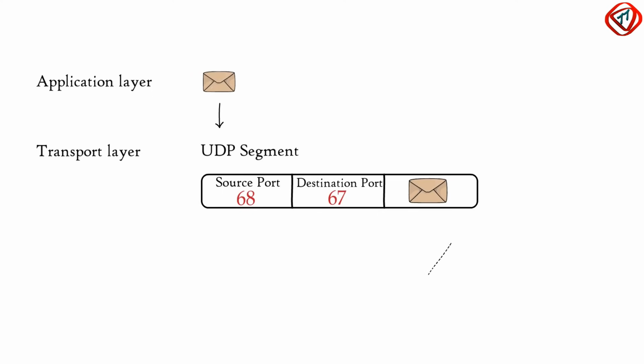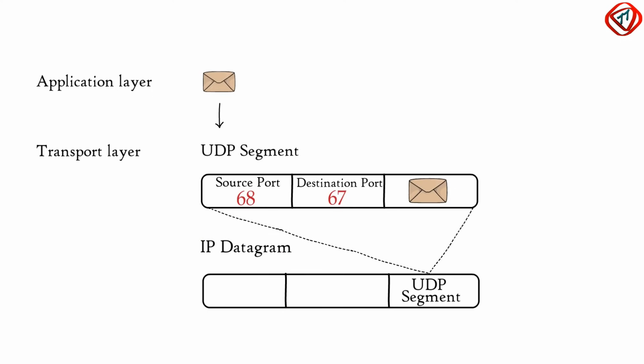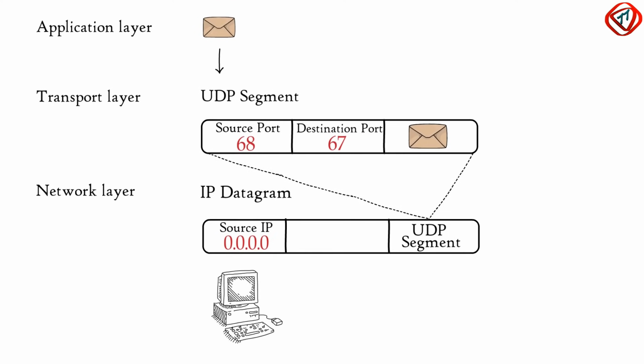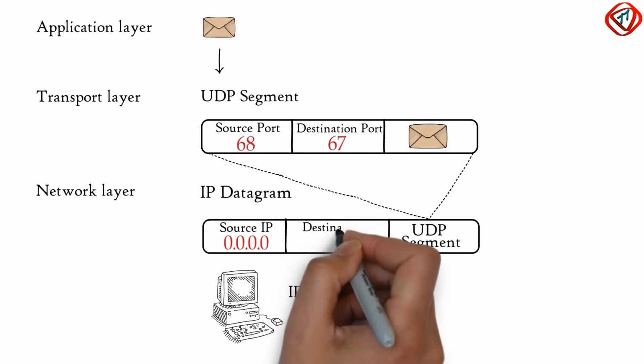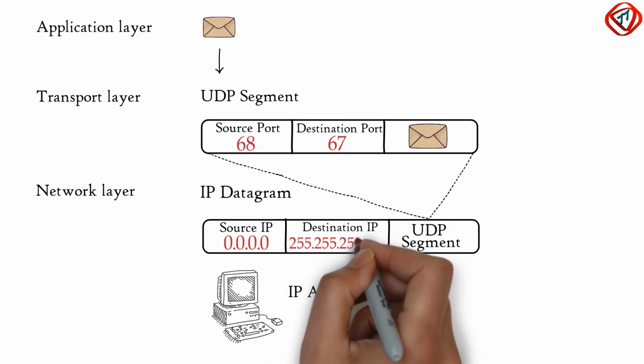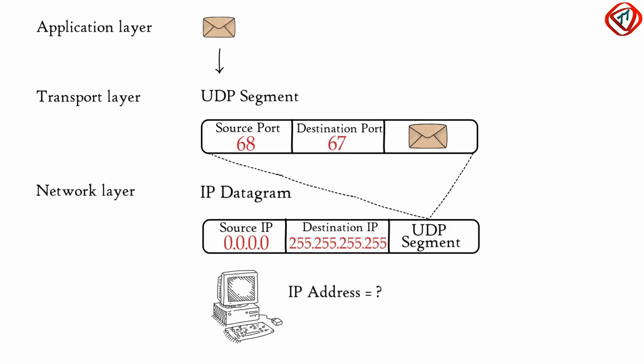The UDP segment is then placed in an IP datagram in the network layer with the source IP address as 0, because the source, that is the DHCP client, does not have any IP address, and the destination IP address as the broadcast IP address, because the client does not know the IP address of the DHCP server.